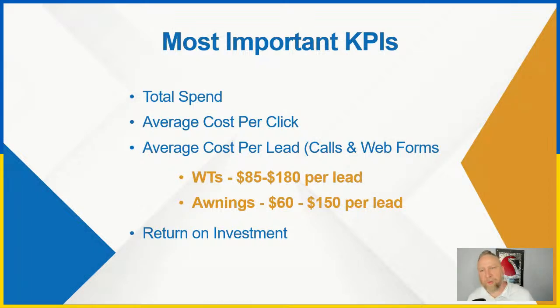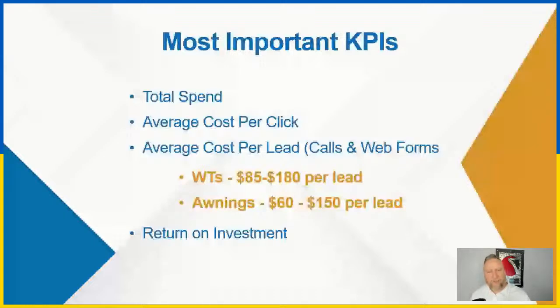We had clients paying $200 and $300 per lead because it was quite competitive. It's definitely relaxed a little bit now, but $85 to $180 is good for a cost per lead, with the idea that as you continue to do A/B testing and optimize, you drive that number down.